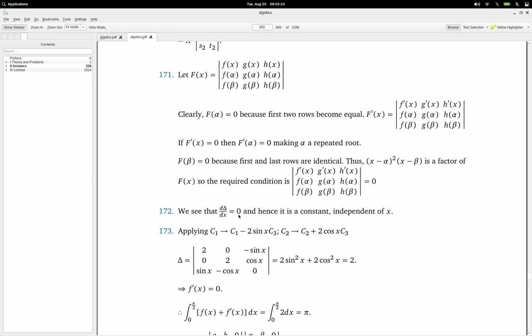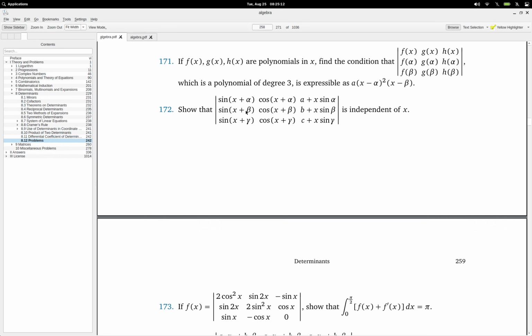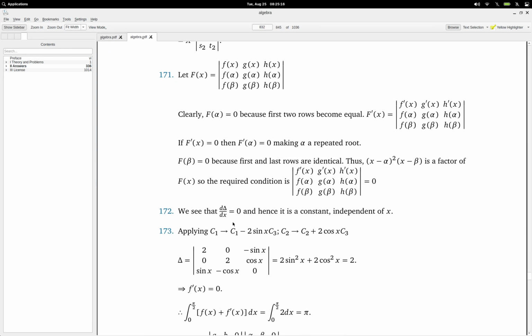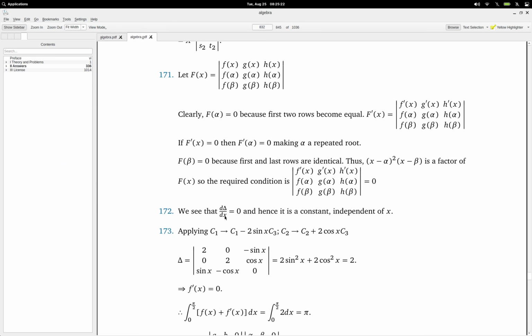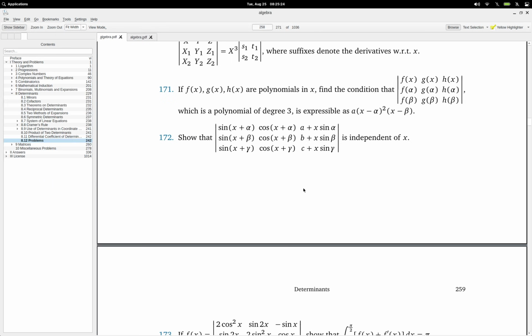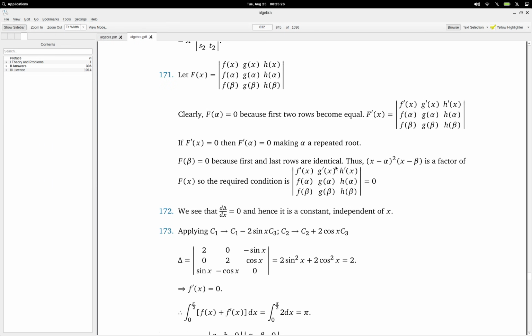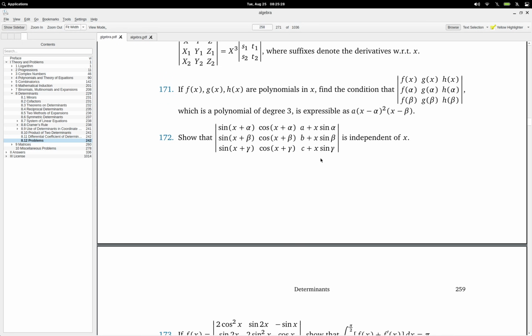Saying only this is equal to 0 is not enough. So I will expand this solution in the next video, and we will see that d delta upon dx is equal to 0, and therefore it's a constant and independent of x.